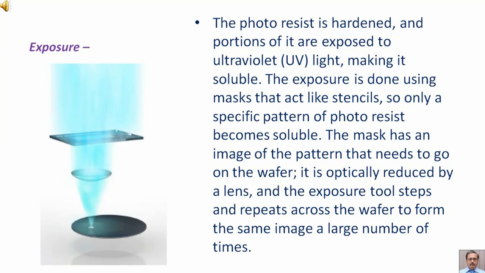The mask has an image of the pattern that needs to go on the wafer. It is optically reduced by a lens, and the exposure tool steps and repeats across the wafer to form the same image a large number of times.